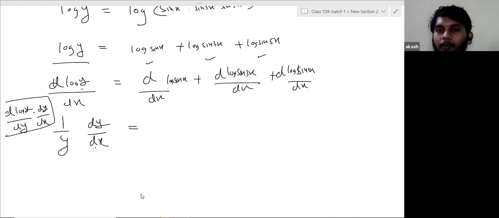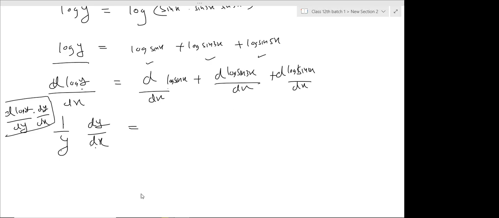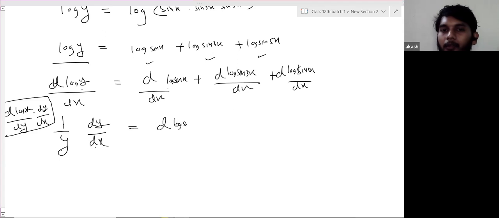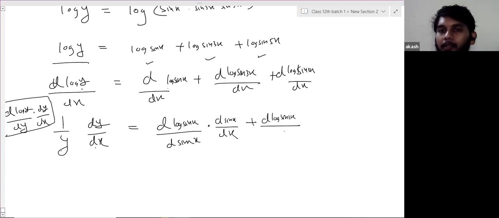Everyone, you got how this is solved? Kulsum? So how can we do this? This is the differentiation of log of sine x. First we differentiate with respect to sine x, then differentiation of sine x with respect to x, plus again we have to use the chain rule here for sine 3x. So differentiation of log sine 3x with respect to sine 3x into differentiation of sine 3x with respect to 3x, then differentiation of 3x with respect to x.